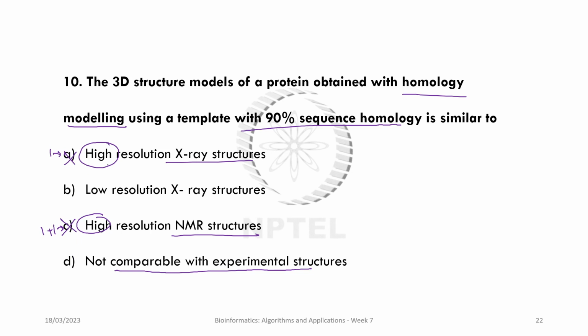You cannot compete with a high resolution X-ray structure, nor can you say a homology modeled structure with template with 90% sequence homology will be so bad that you cannot compare with experimental structure. So your answer would be B, where it is similar to a low resolution X-ray structure.